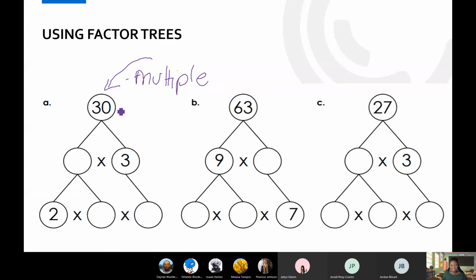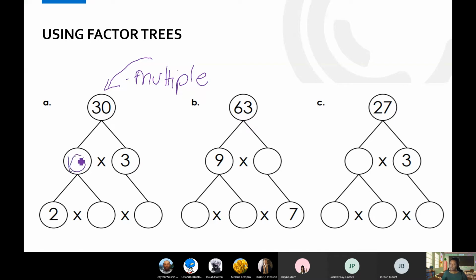So when we identify with a factor tree, we want to identify the biggest factors first. And at the very bottom of our factor tree, we're going to see smaller numbers there. A lot of 2s and 3s usually. So when we're looking at 30, we're basically doing an algebra problem now. What number times 3 will equal 30? 10.